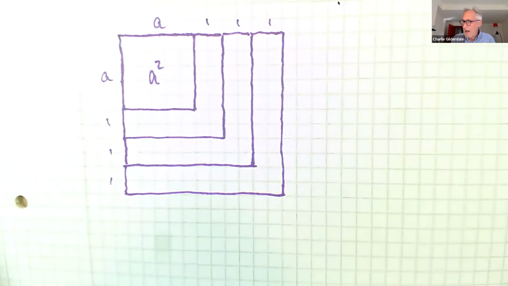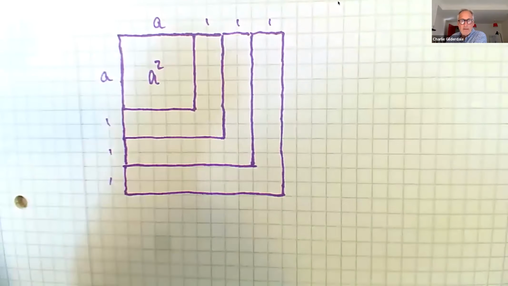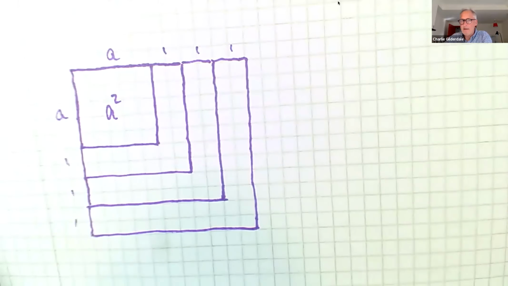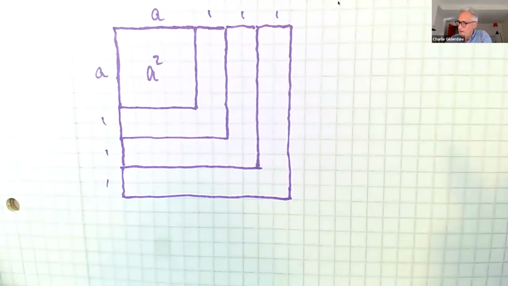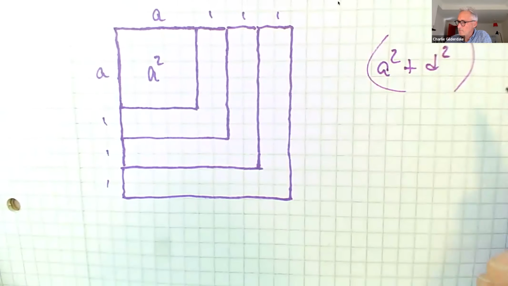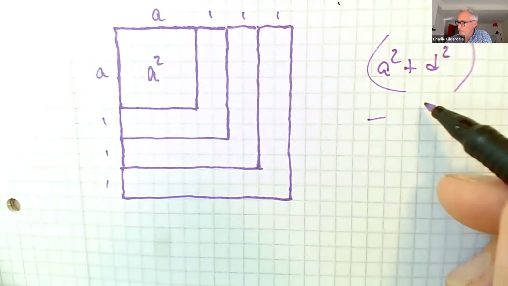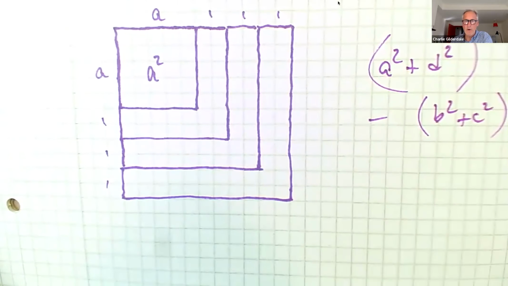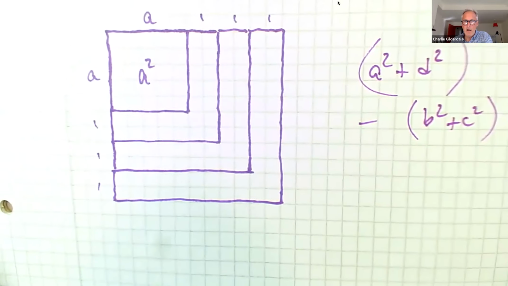So here's my drawing that I prepared earlier in true Blue Peter fashion. Let me just check that this is okay, here we go. So we have a squared plus d squared, and we're going to subtract b squared plus c squared, where a, b, c, and d are consecutive.